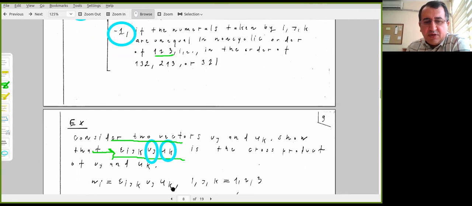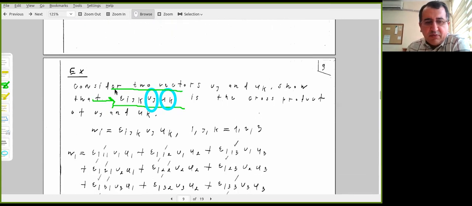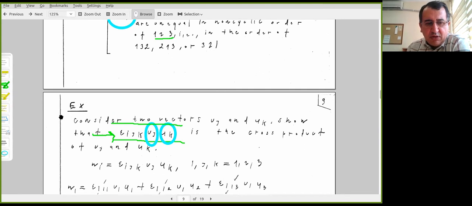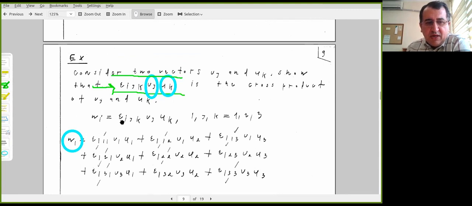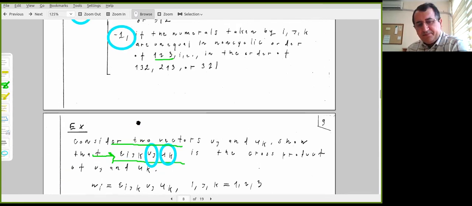This is the expansion. i is the free index. Evaluate this for i equals 1, for example. The new vector w sub i is epsilon ijk uj vk. How do I evaluate this for i equals 1? I is equal to 1, and then I have a double summation over j and k.